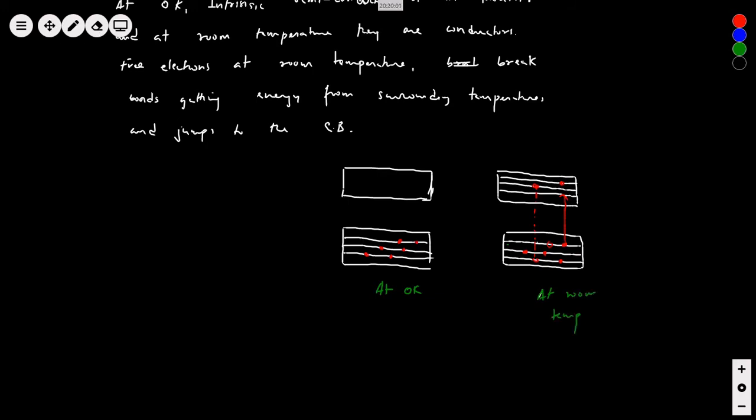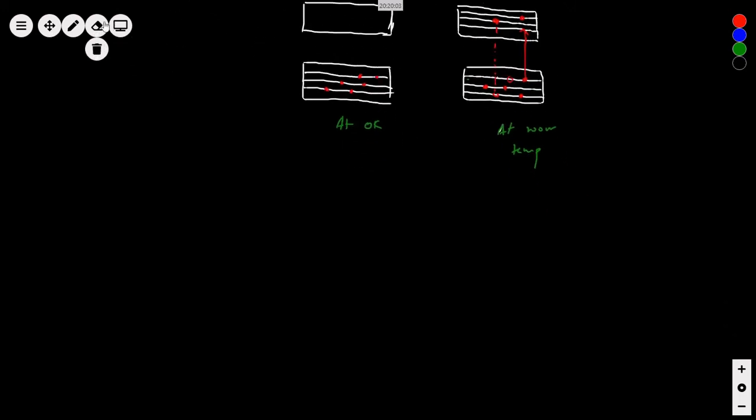Now here we are going to get introduced to the bond structure of intrinsic semiconductor. So let's take silicon. So here is silicon. This is another silicon atom.